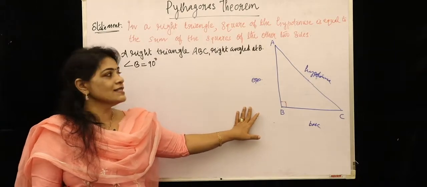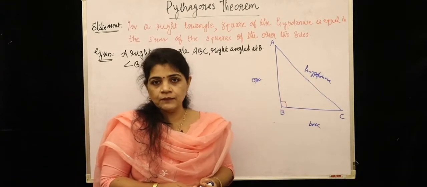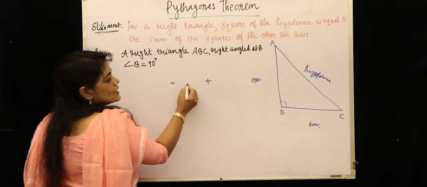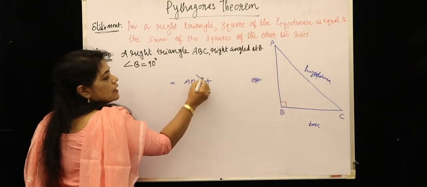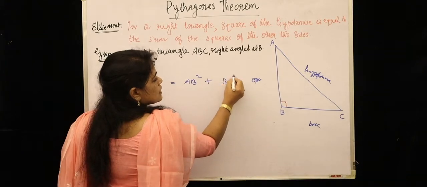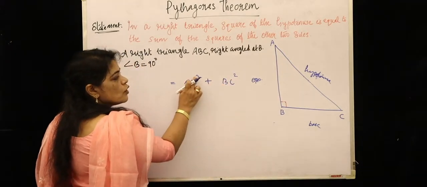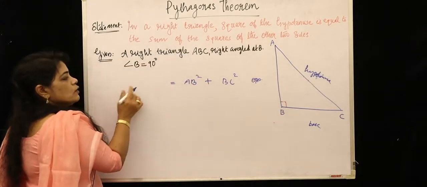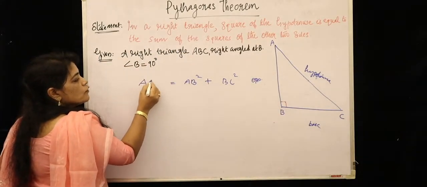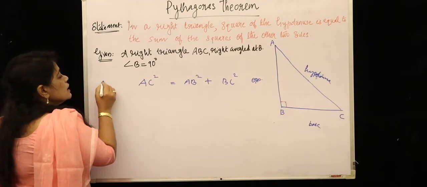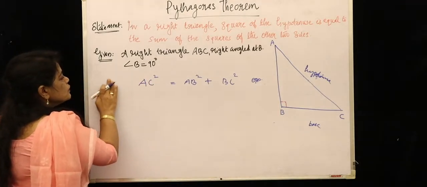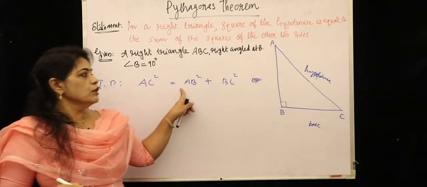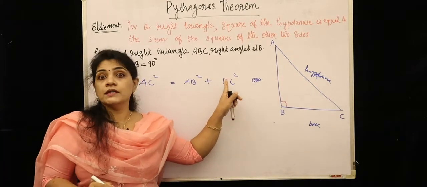Which are the other two sides? AB and BC. So the sum of the squares of the other two sides is AB square plus BC square, and this will be equal to the square of the hypotenuse. We have to prove that AC square is equal to AB square plus BC square.